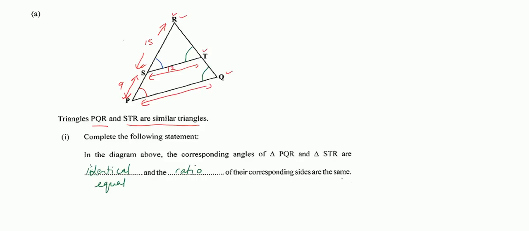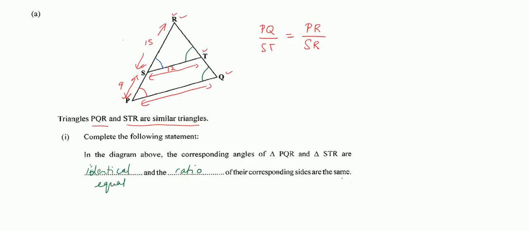Because the two triangles are similar, we say that the ratio of PQ over ST is equal to the ratio of PR over SR.